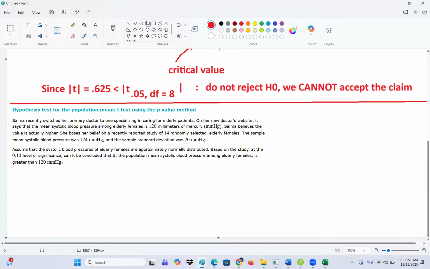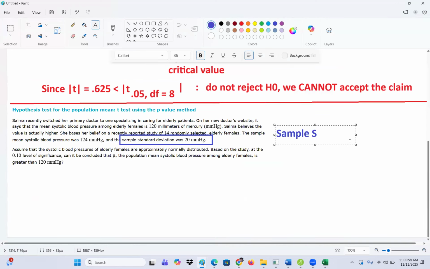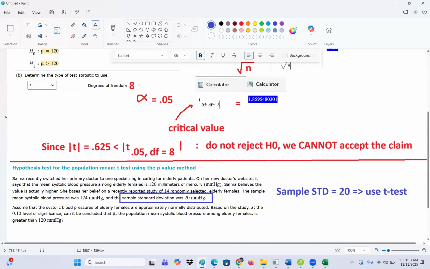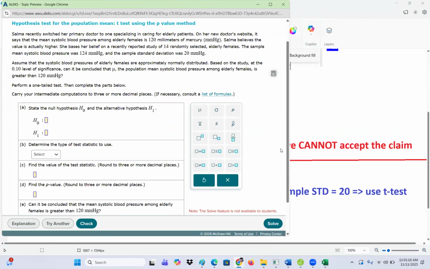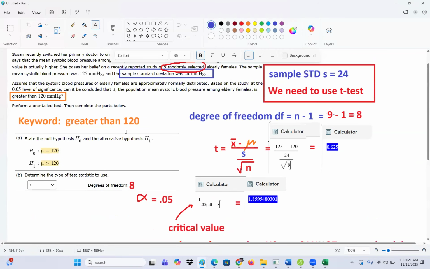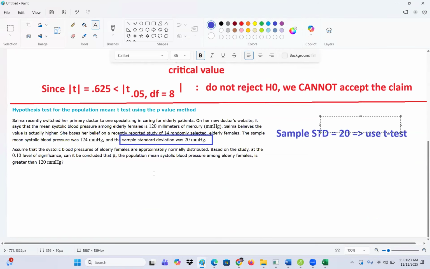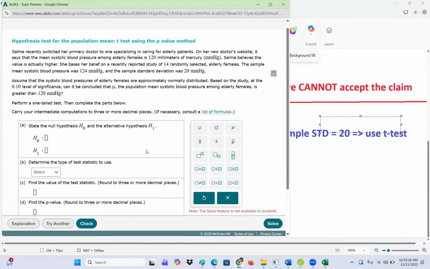And of course, the first thing we have to highlight would be the sample standard deviation, which basically tells us to use the t, right? Equal to 20. And then we're gonna do the t-test. All right. Then the keyword, I think it's the same question, is it? Yeah, it seems like the same question, but we do the p-value, but it doesn't matter.